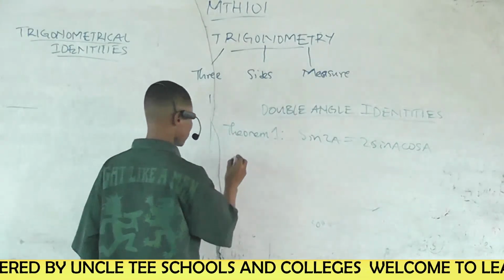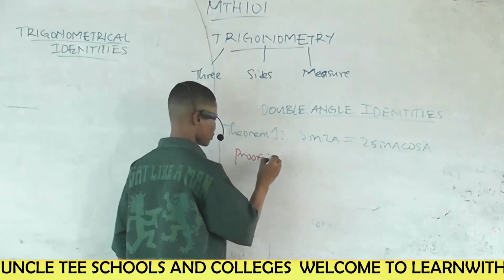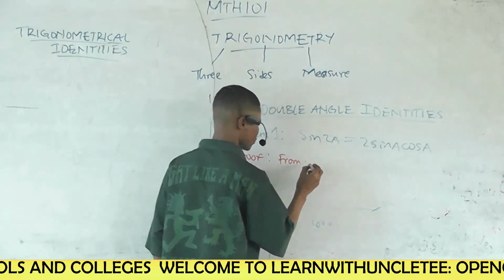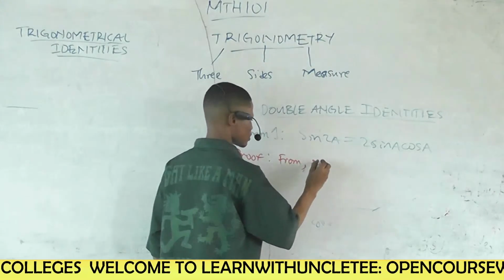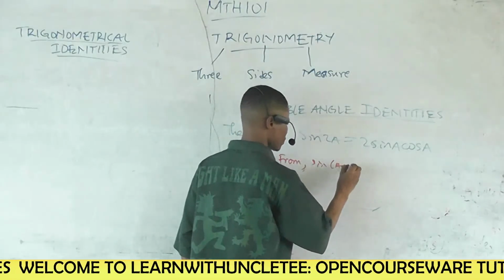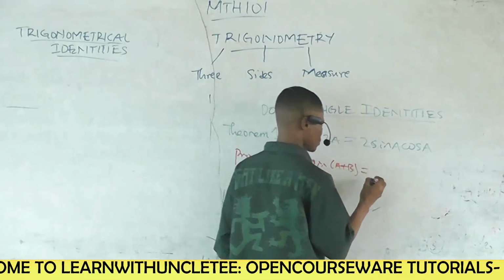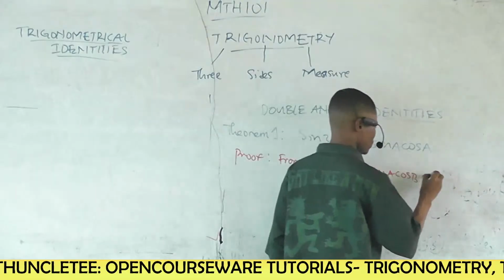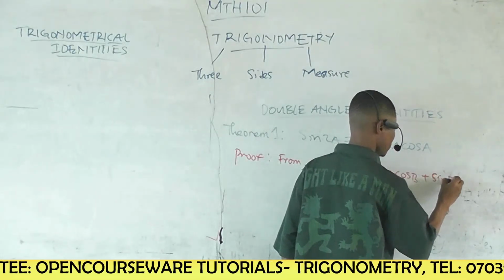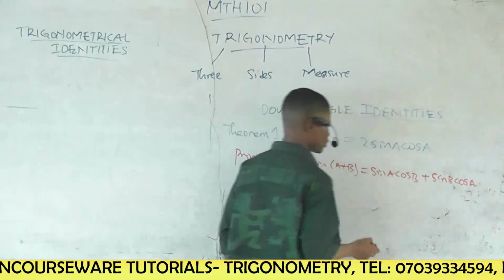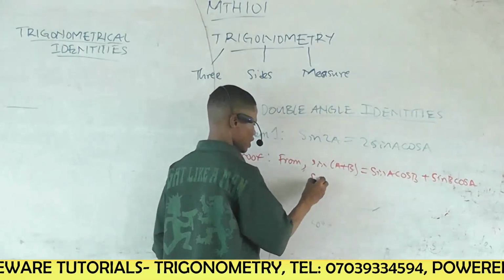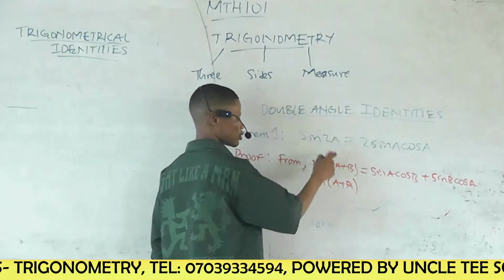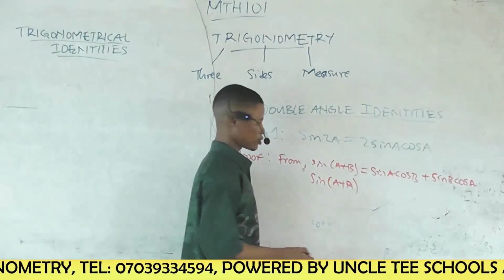We prove from sine A plus B equals sine A cos B plus sine B cos A. We can derive this to be sine A plus A, because A plus A is 2A.